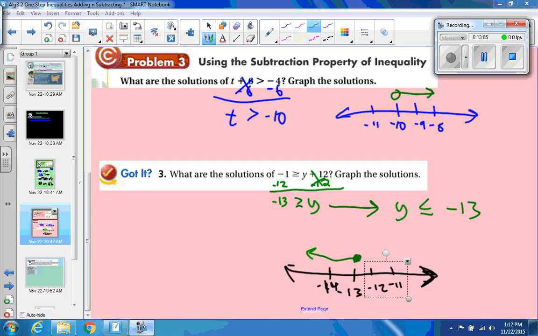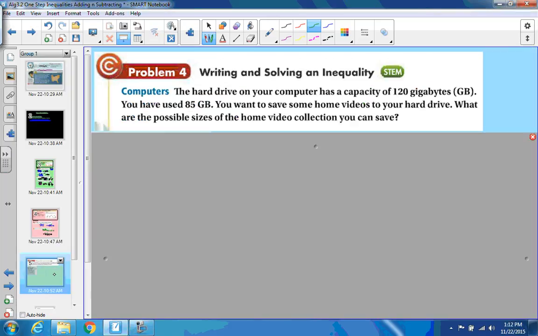And I'm going to leave you with one word problem that I want you to think about. I want you to write down in your notes what an equation would be for this, or an inequality. It says the hard drive on your computer has a maximum capacity of 120 gigabytes. You have used 85 gigabytes.